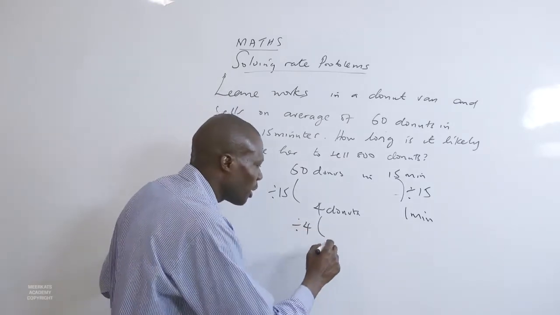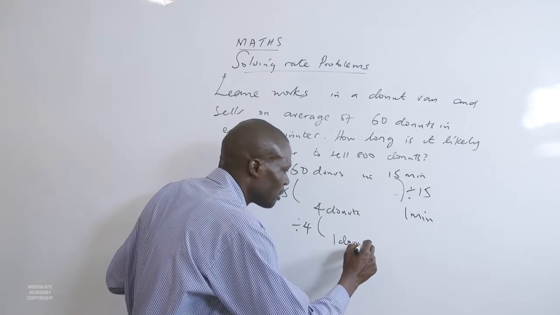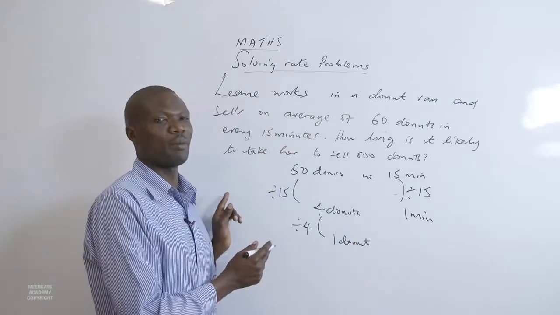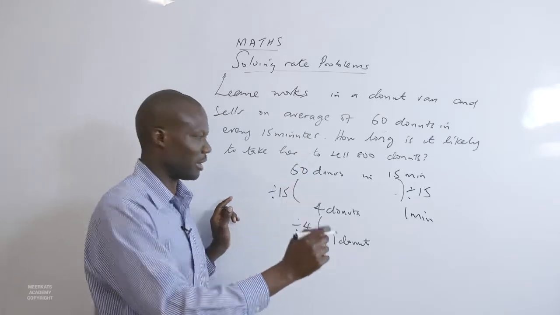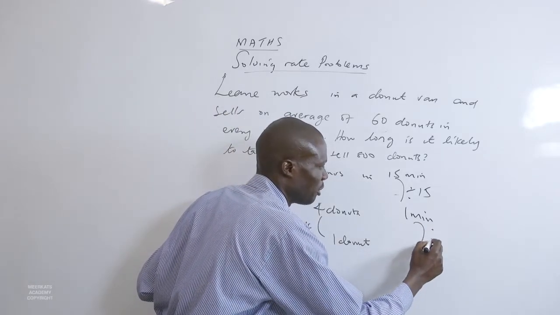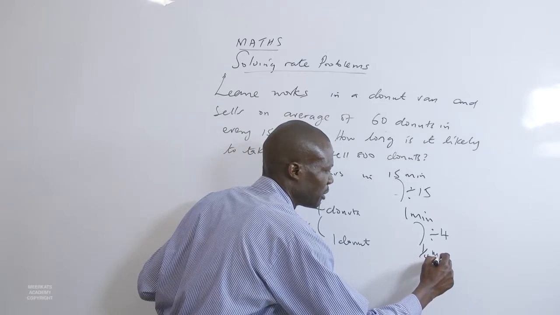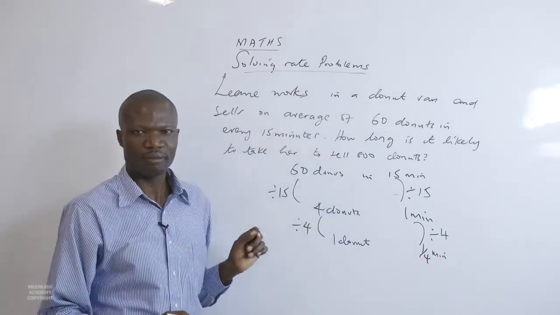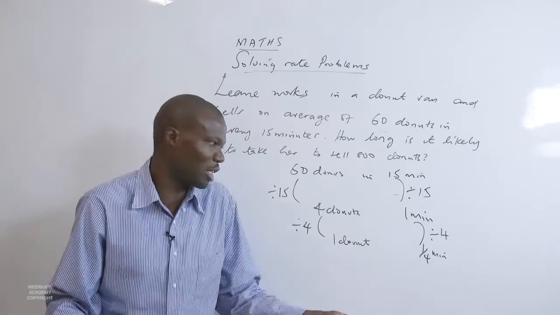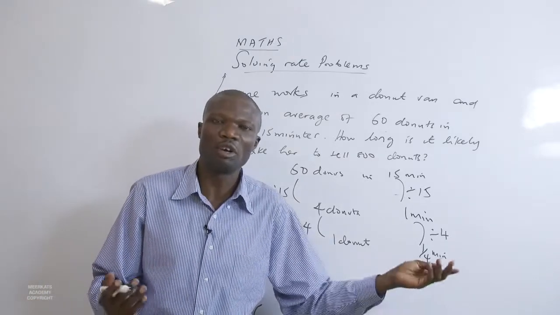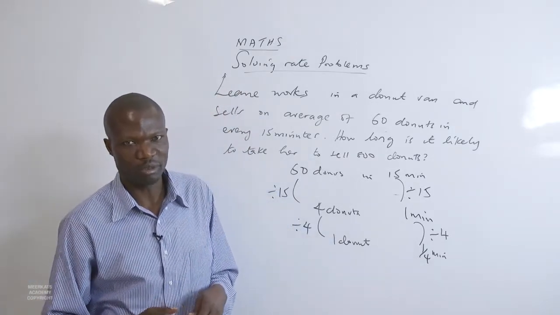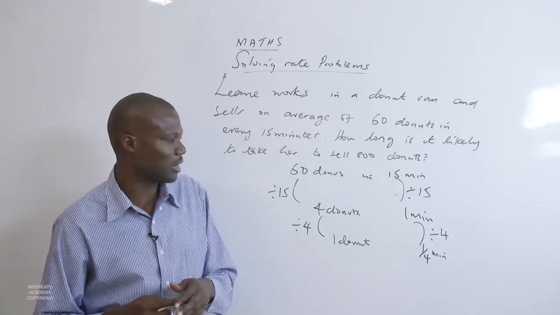Therefore, 1 donut, whatever happens to the left must happen to the right, will take a total of 1/4 minutes. We know units of change. You can say this is equivalent to 15 seconds because 1 minute is 60 seconds.